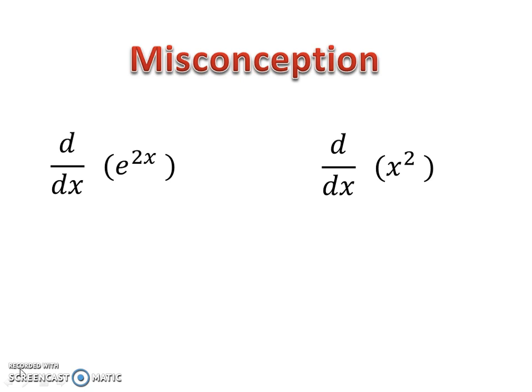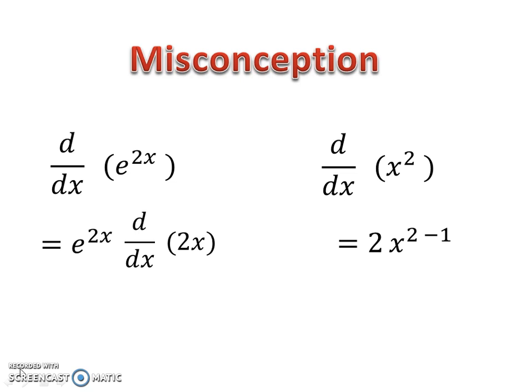When you differentiate an exponential, you must get an exponential, and then you differentiate the power. When you differentiate x squared, do you get back x squared? No, because x squared is not an exponential. So just use your chain rule. You bring down the power 2, and then the power minus 1.